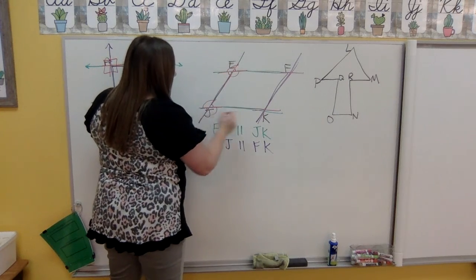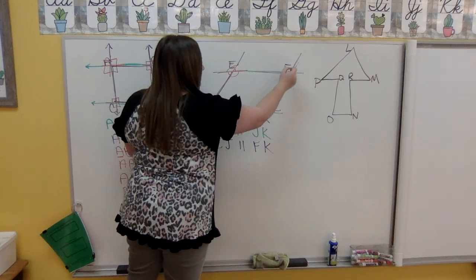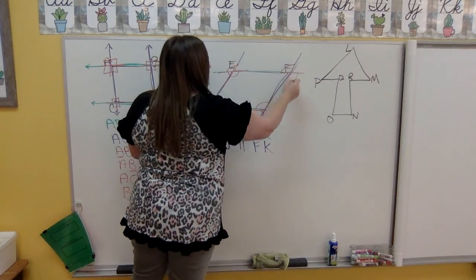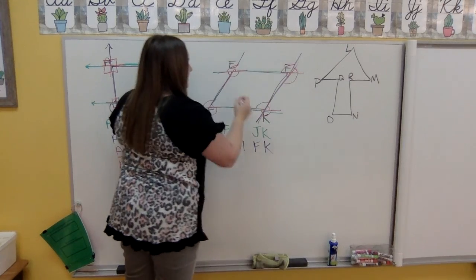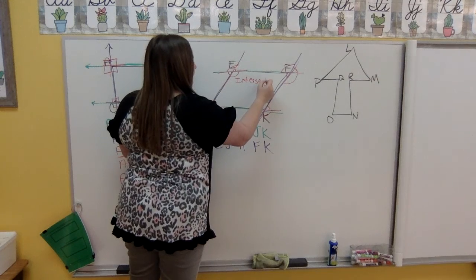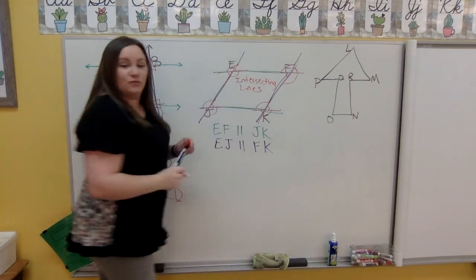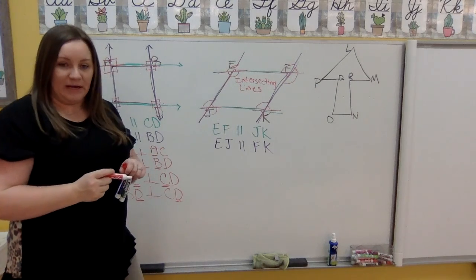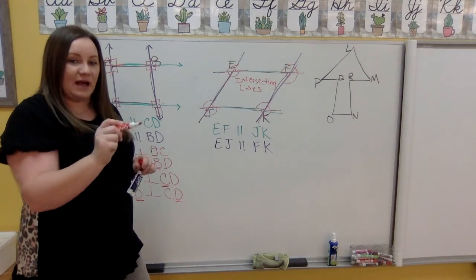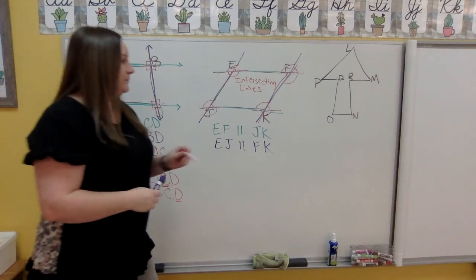So because they only make obtuse and acute angles, that means these lines are called intersecting lines. They have intersecting lines, but they do not have perpendicular lines. Perpendicular has to have that 90-degree angle. So on this one, we're done.